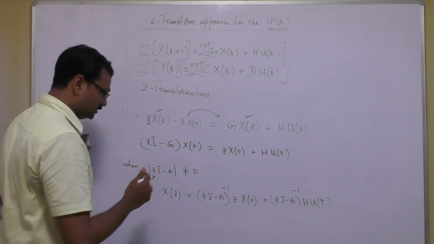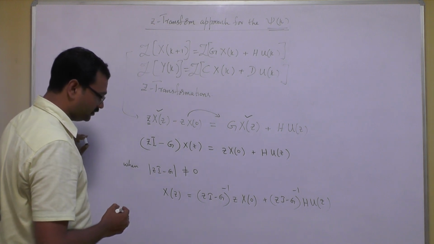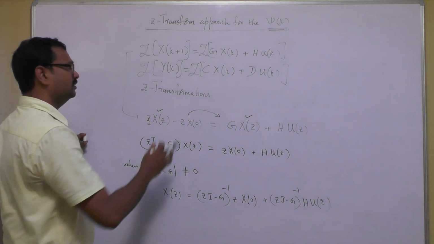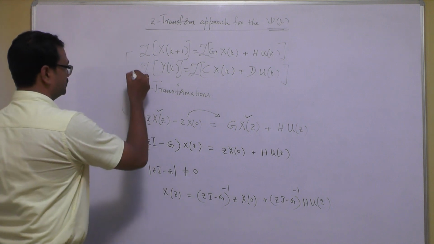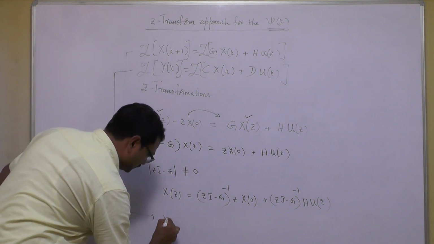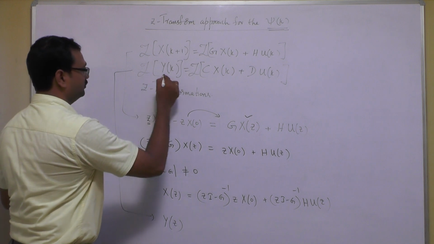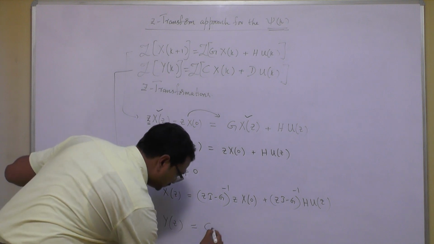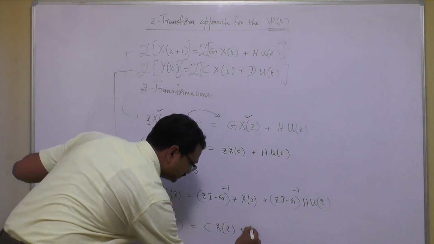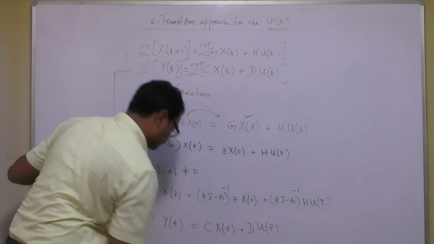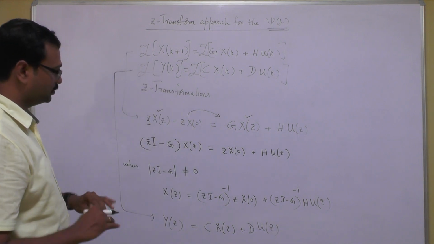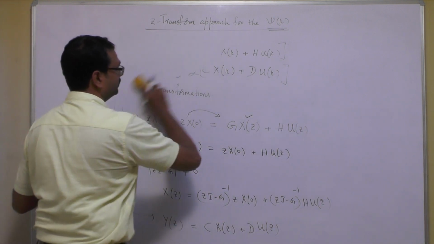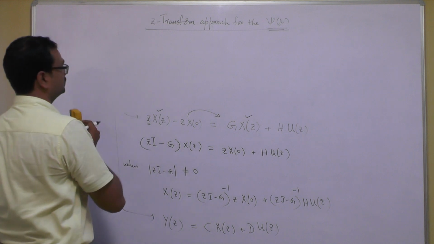To get the output Y of z, we take the Z transform of y of k. I have Y of z, which is nothing but the Z transform of C x of k. It is C into X of z plus D into U of z. Now considering these two equations, to get the discrete time domain, the k domain, I need to go for inverse Z transforms.